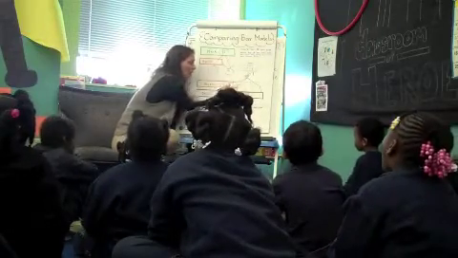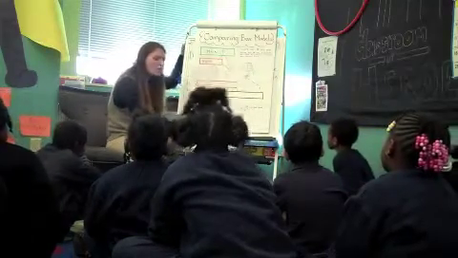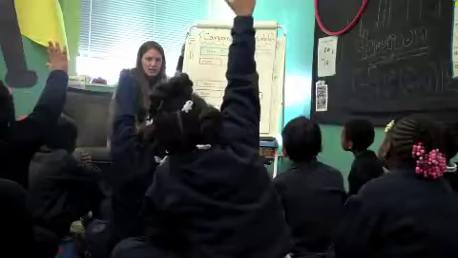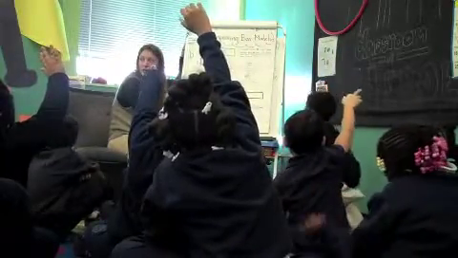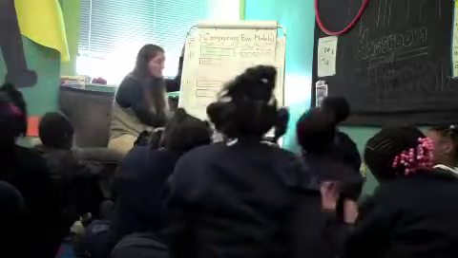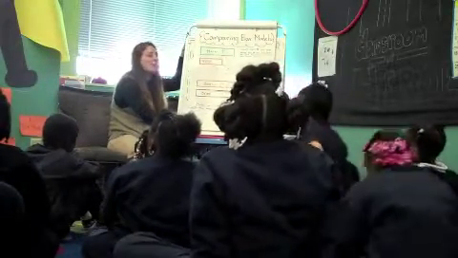This is hard, so I'm going to draw the number bond for you. What are the two parts to that problem? Samara, you want to take a guess? Remember, the whole thing is the biggest.